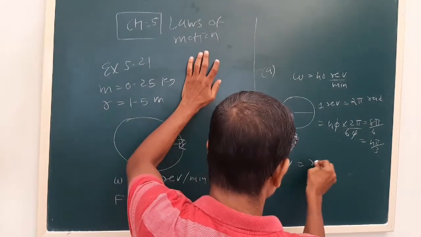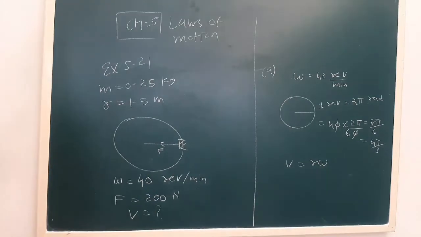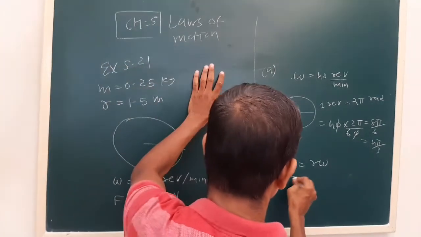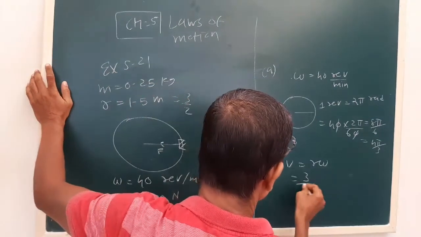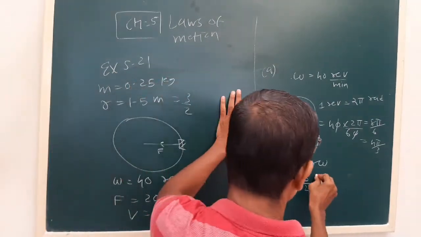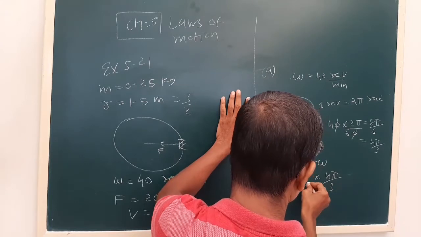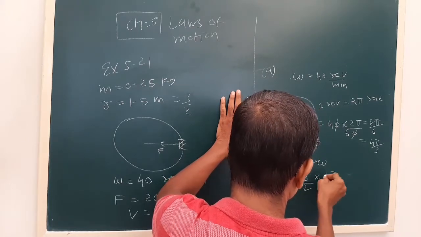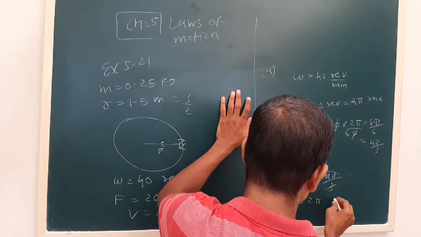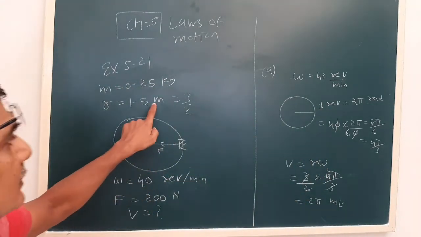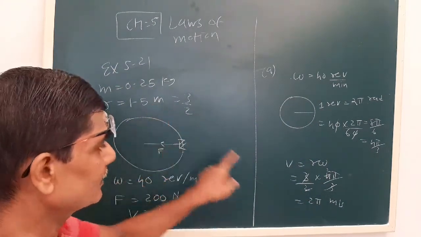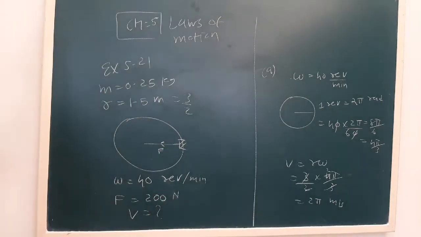Linear speed v is equal to r omega. R is the radius, 1.5 is 3 by 2, into 4 pi by 3. The 3 will be cancelled here. So the linear speed is 2 pi meter per second, because the radius is given in meter.